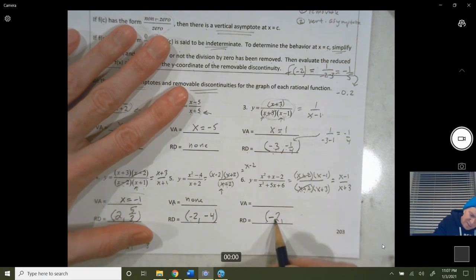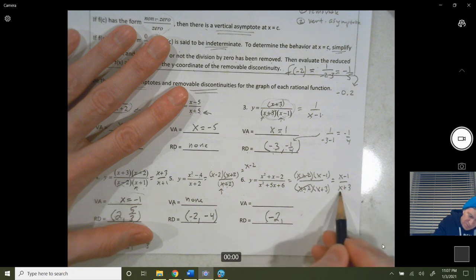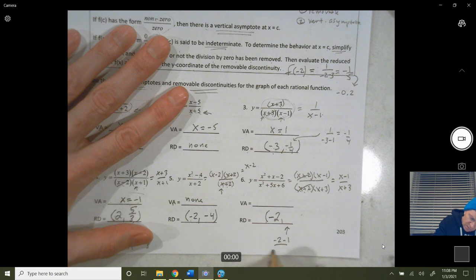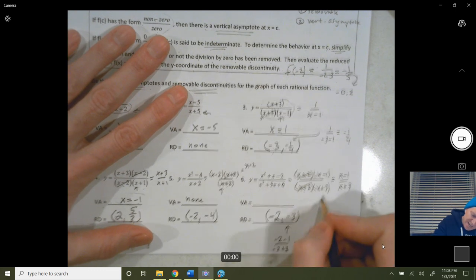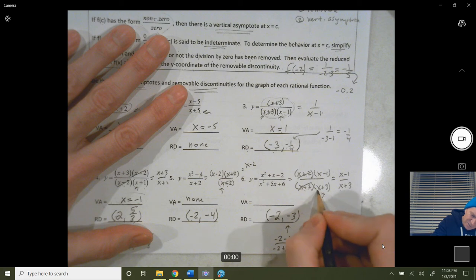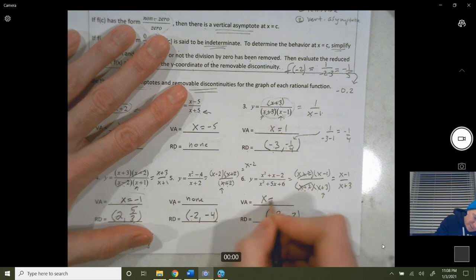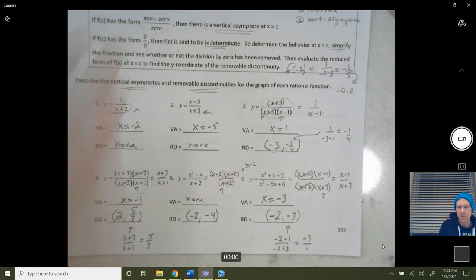We're going to plug -2 into what's left after we simplify. So the y value is -2 minus 1 over -2 plus 3, so -3 over 1. This other one does not cancel. So when x is -3, you have a vertical asymptote.